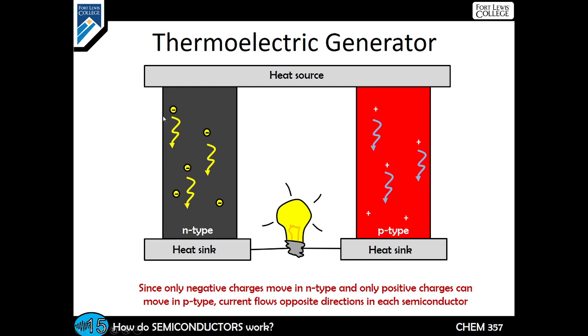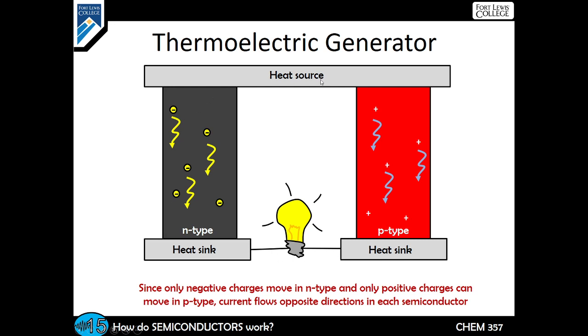The charge carriers will migrate away from the heat source. So in the N-doped semiconductor, those free electrons in the conducting band will move away from the heat source. And in the P-doped semiconductor, those holes will move away from the heat source. And if holes are moving one way, then that means electrons are moving the other way. So electrons would flow through this circuit this way in a cyclical manner.